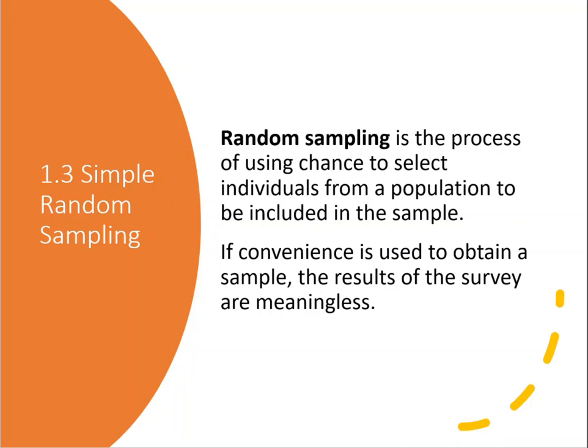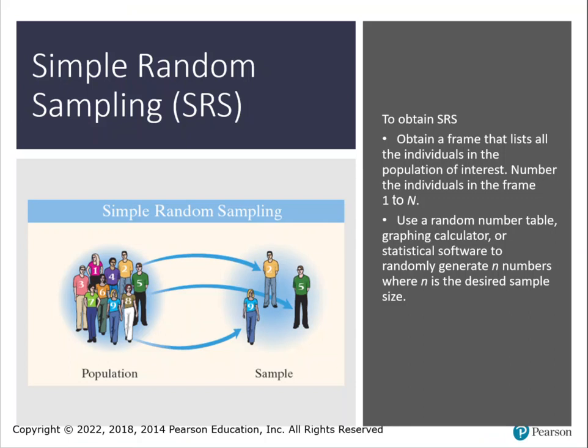So there are 4 types of sampling methods that we're going to look at, and the first one that we want to consider is called simple random sampling. Simple random sampling is the most basic form of sampling. It's similar to where if I just took names from, let's say, the classroom, I put everybody's name in a hat, shook the hat up, and drew names out of the hat. That is simple random sampling.